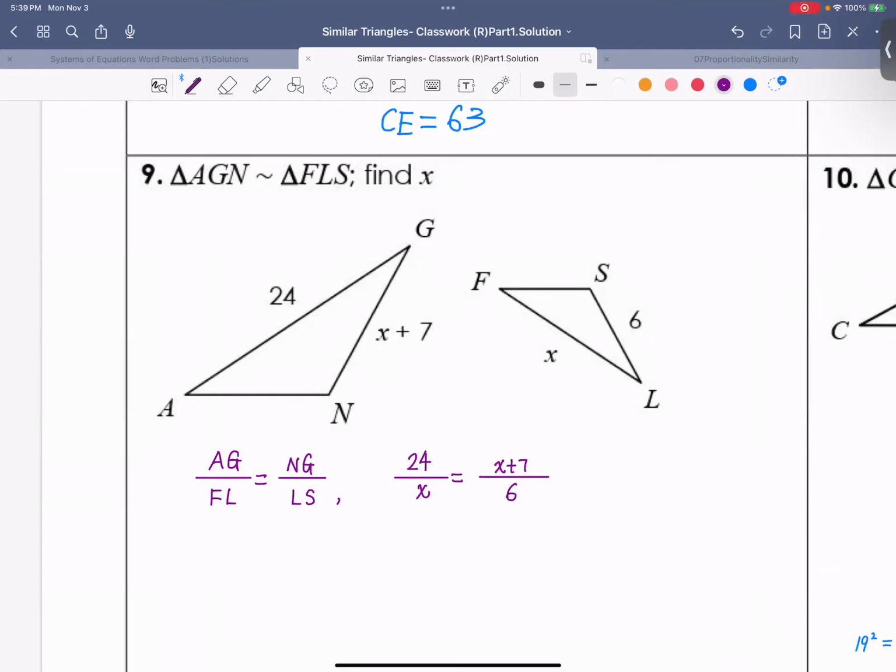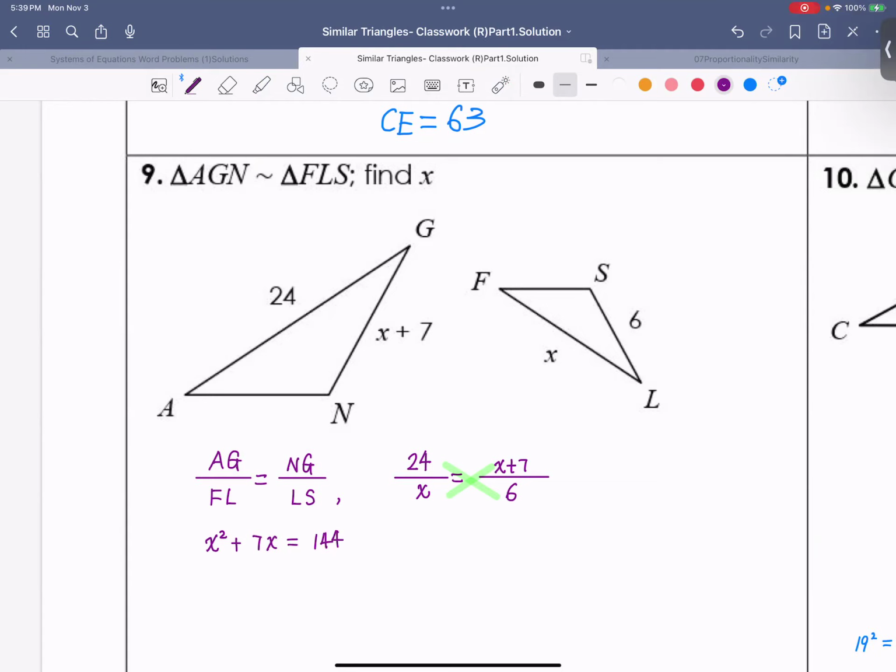So X squared plus 7X equals 144. When we come to here, we definitely want to use cross multiplication.